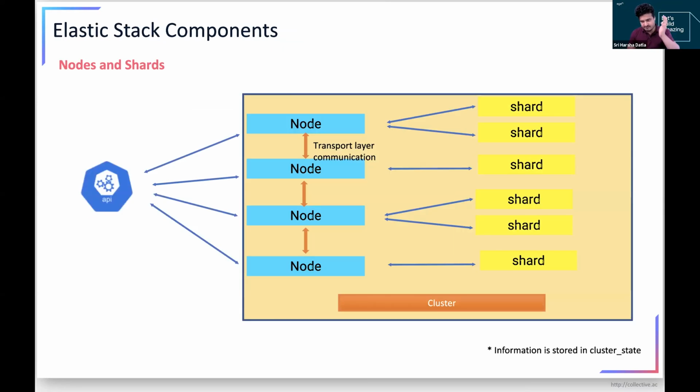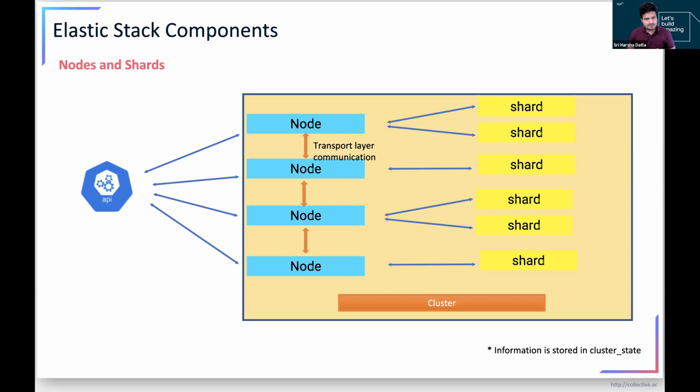Okay, we have nodes, we have shards, all good. But Elasticsearch is not just doing that. The reason it's called distributed and resilient is its fault tolerance ability. Let's say this shard goes down. You don't want the data in it to go down. You want to have a backup, a resiliency for your data.